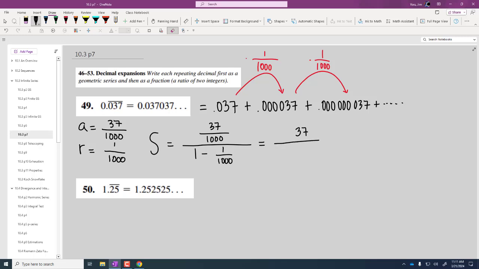If you multiply everything by 1,000, we get that as our rational expression, the fractional form of that rational number.